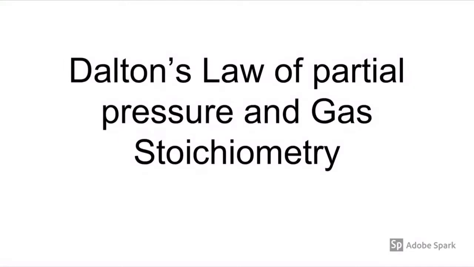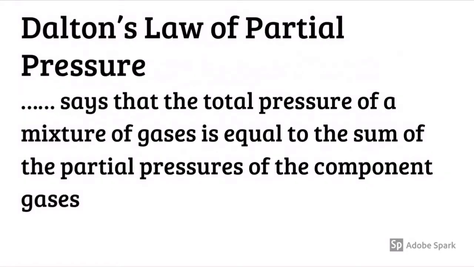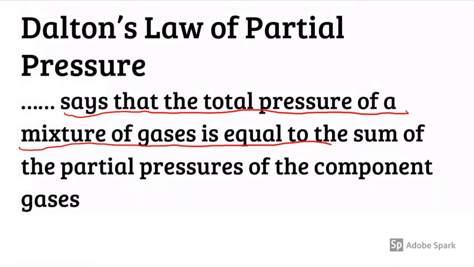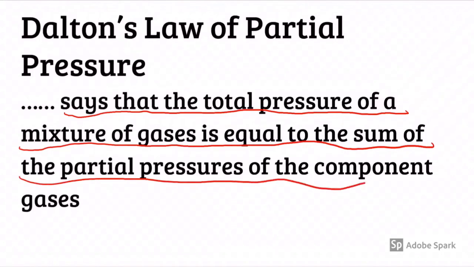Okay guys, feel free to pause the video at any time if you need extra time to write something down or type. The definition for Dalton's law of partial pressure says that the total pressure of a mixture of gases is equal to the sum of the partial pressures of the component gases.